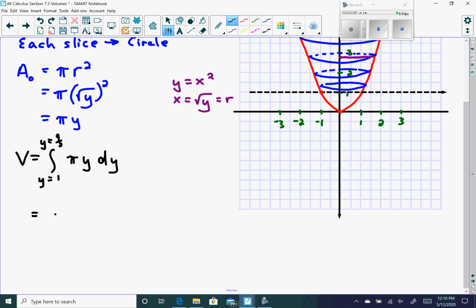So we could just say that this will become pi times y squared over 2, and then evaluate very carefully from 1 to 9/2. So we're going to get pi times 9/2 squared over 2 minus pi times, that'll just become 1/2, so we just say pi over 2.